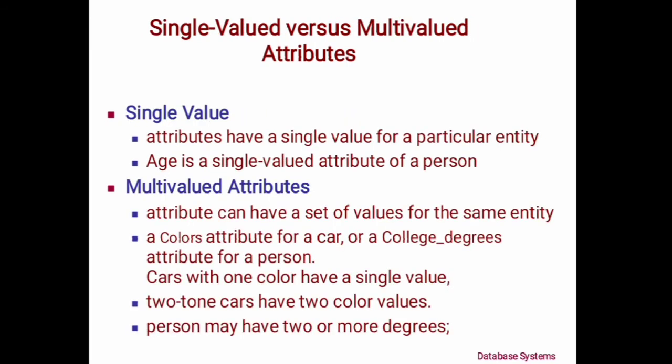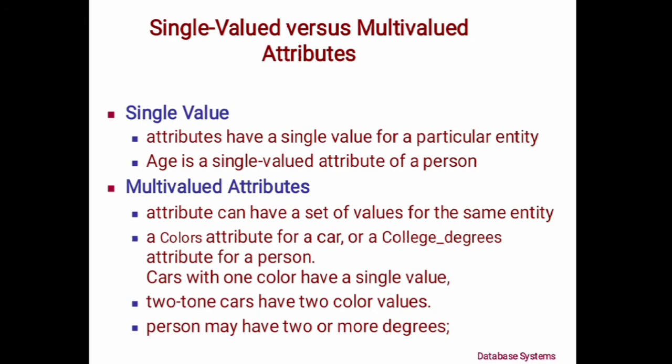Single-valued attributes have a single value for a particular entity, like age. We can say a person can have only a single age, or an ID. An ID is unique, that is, single. Then multi-valued attributes: an attribute that consists of many values, like color. A car can have orange color, blue color, red color.